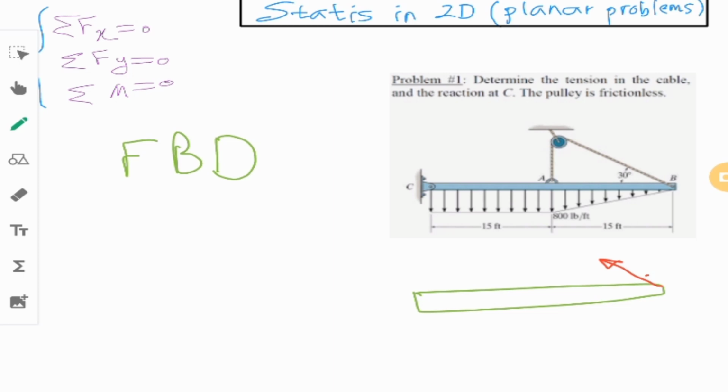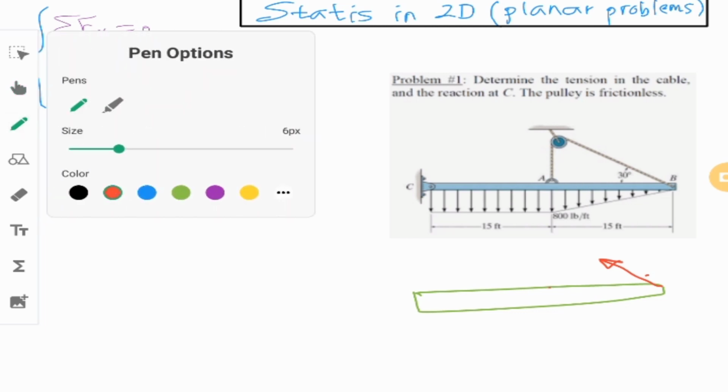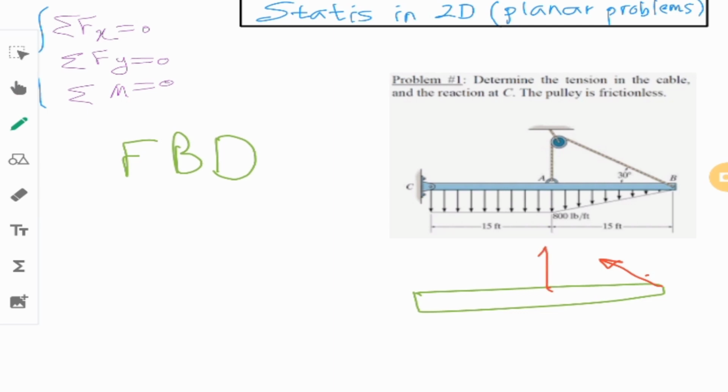This is the first thing that we get rid of. The second thing is this cable. This is connected also to the beam. I get rid of that and put the role of that, which is another tension, and then go to the third thing, which is a joint.